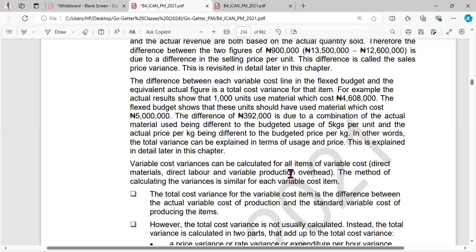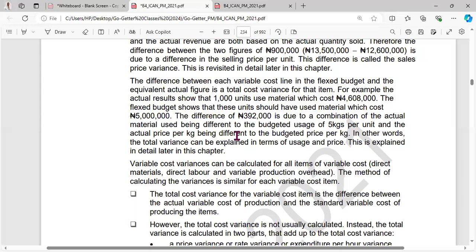There's a different way of handling fixed overhead. So now you see here, variable cost variance. When I say variable cost variance, I mean direct material, direct labor, and variable overhead. So variable costs is different from variable overhead. Just take note.